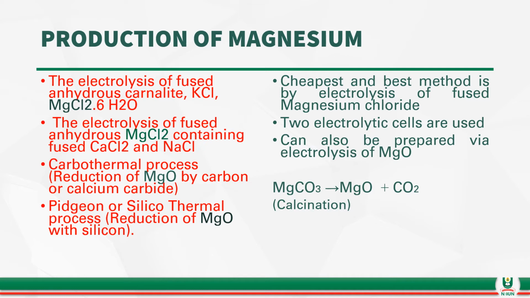Treating with dolomite is by heating at a very high temperature, and then magnesium hydroxide precipitate will be formed, while calcium hydroxide will remain in solution. When the solution is filtered, the magnesium hydroxide precipitate will be filtered off and heated to form the pure oxide, which is magnesium oxide.